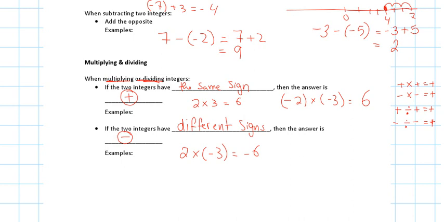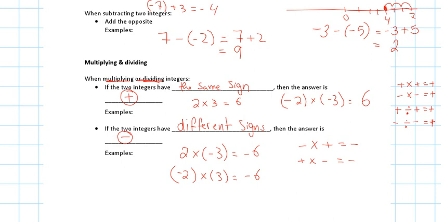How about if I have negative 2 times 3? Same thing, negative 6, right? Because one of them is negative and the other is positive. So if I have a negative times a positive, that's a negative, and a positive times a negative, that's a negative. So this is what you have here on that green sheet.